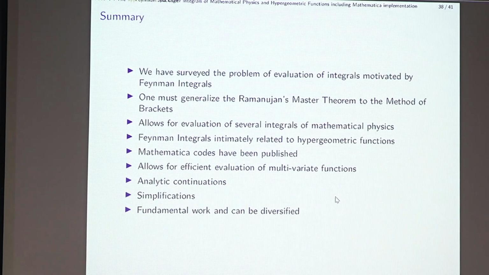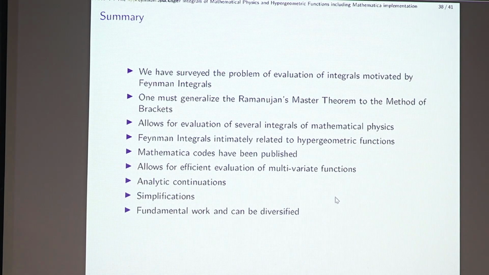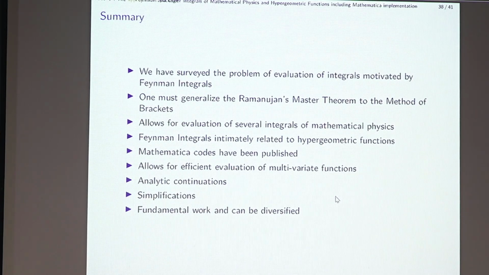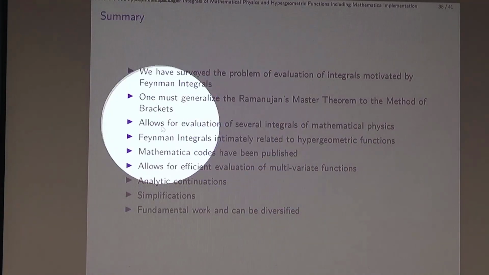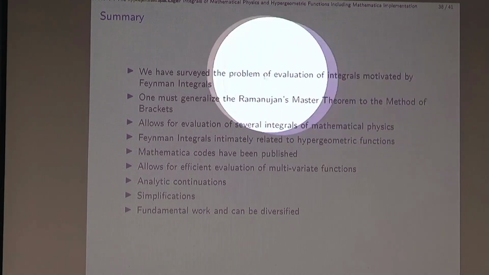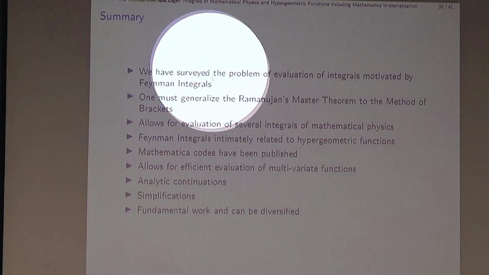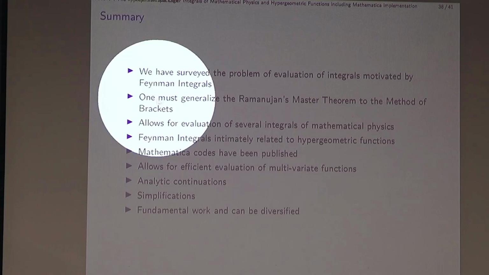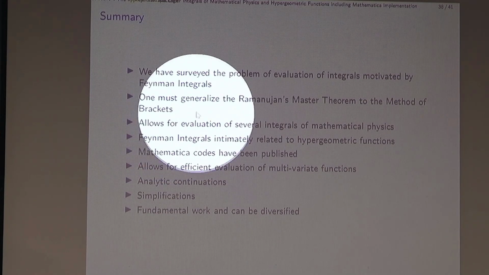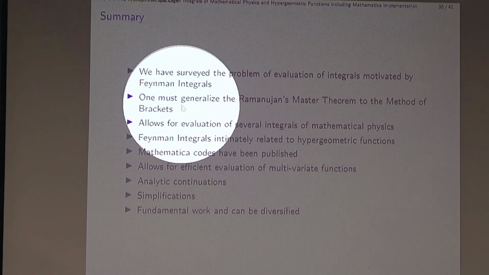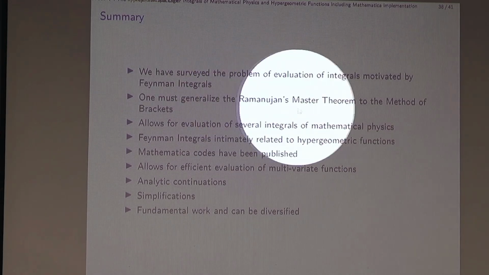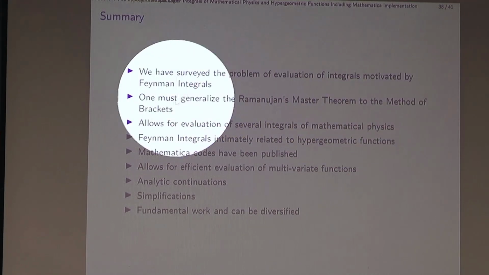So let me finish. It's a little more than 50 minutes, so that we'll have some time for some questions. What I have tried to do for you is to survey the problem of evaluation of integrals motivated by Feynman integrals. I have tried to just mention, I have not proved any of these statements. One must generalize Ramanujan's master theorem to the method of brackets.